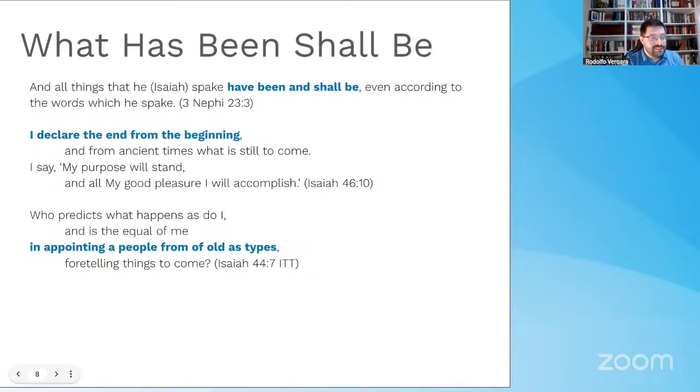Even though he already went through his mortal life, there is still a future fulfillment of that, which is what Isaiah is actually pointing to as a temporal end time fulfillment.